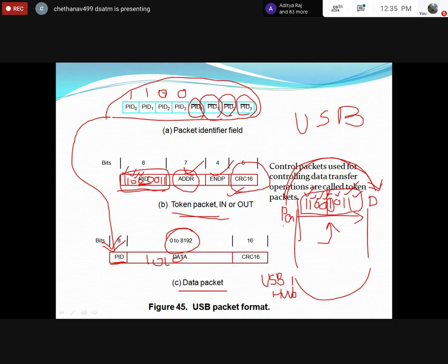If it gets the proper data, then it will give the acknowledgement. What acknowledgement? Yes, I have received the data packet.